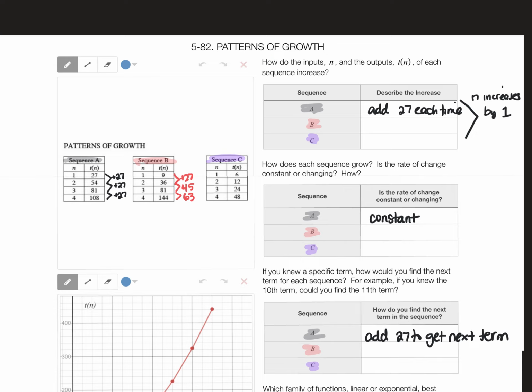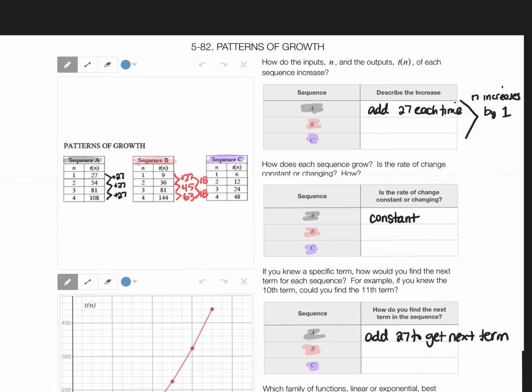And we can explore the idea of multiplication, but I want to dig a little bit deeper with my addition. Is there a relationship in how much I'm adding each time? In other words, let's look at this second difference, we call it. How much would I add to 27 to get 45? That's 18. How much would I add to 45 to get 63?